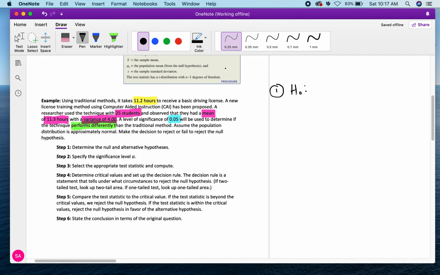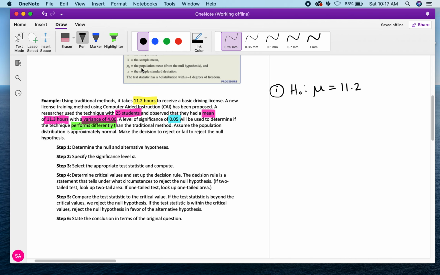That is our null hypothesis. Now be very careful here. You need to use the proper notation. So the null hypothesis is mu equals, and then we pop in that population mean, 11.2.